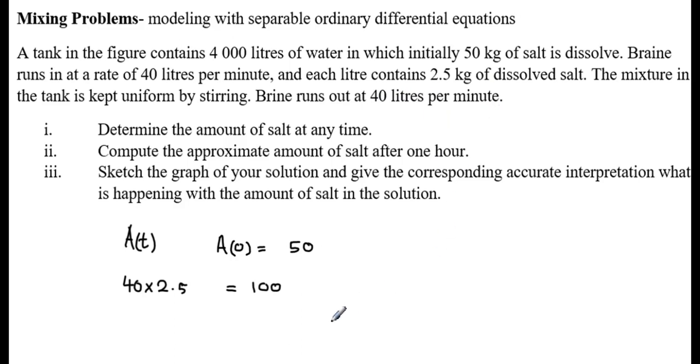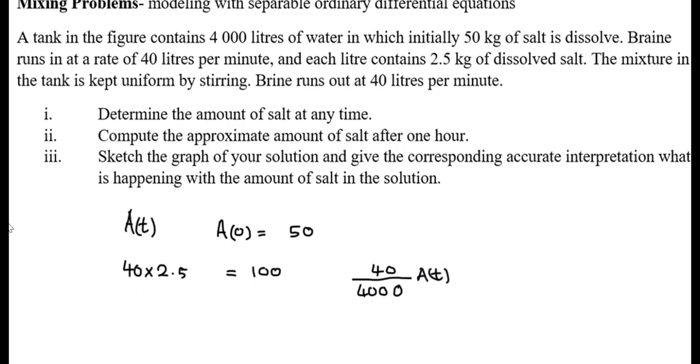So in this case, according to what we've seen there, we would then multiply the flow out, it will be 40 divided by the total volume of, that's the concentration, 40 divided by the total volume of 4,000 multiplied by A.